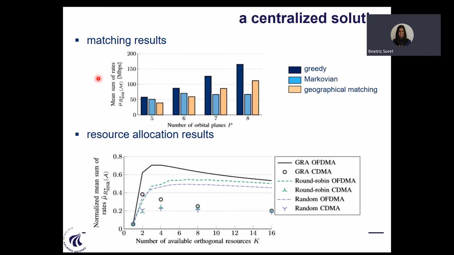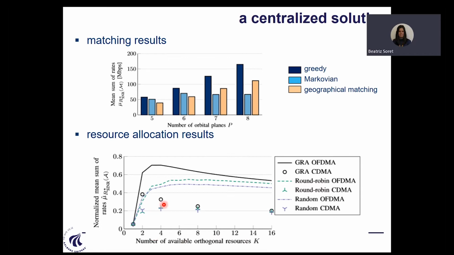And once we have the matching, for the resource allocation, we have this proposal of a greedy resource allocation, and we can see that it gets much better results than the other two reference solutions, which are using a round robin allocation or a random allocation. And here we are plotting the mean sum of rates versus the number of available orthogonal resources.